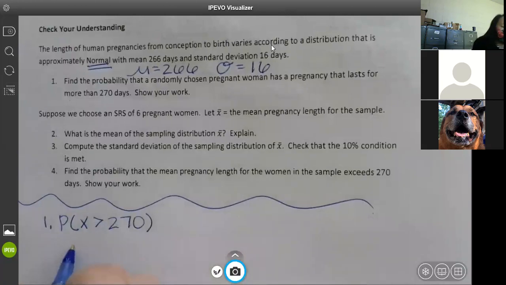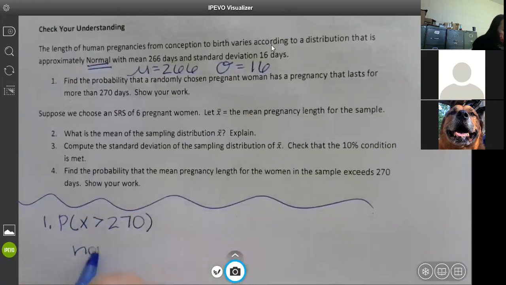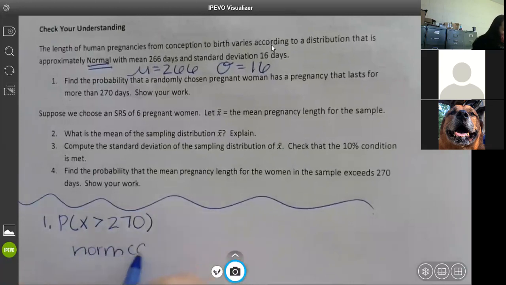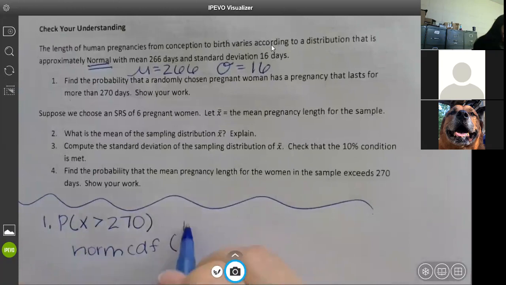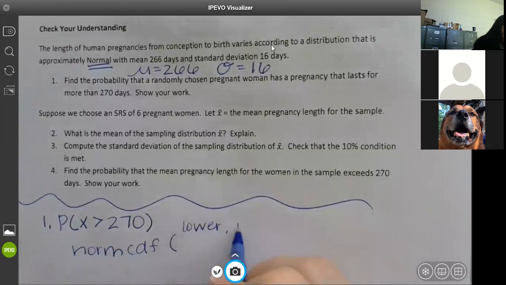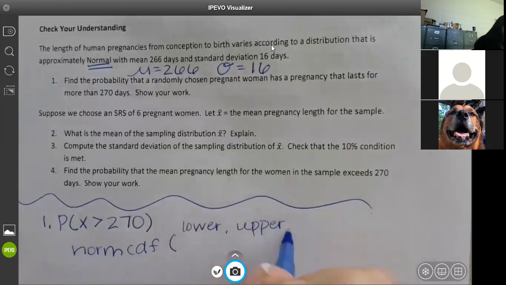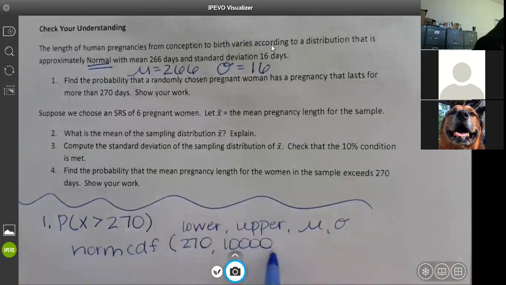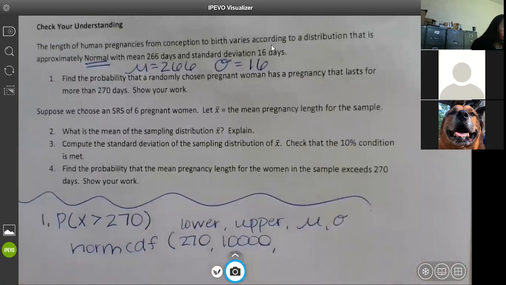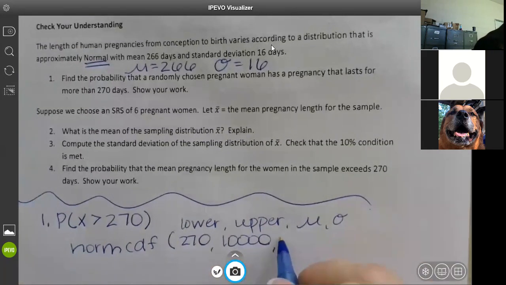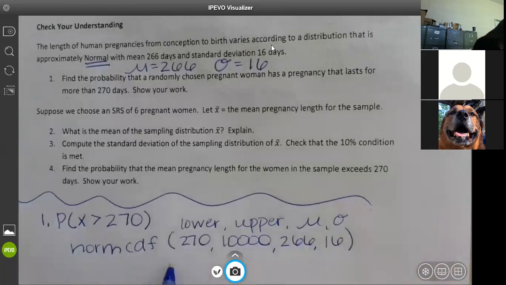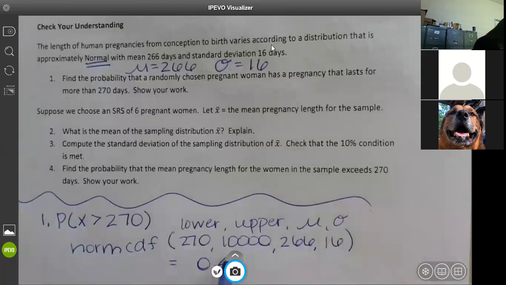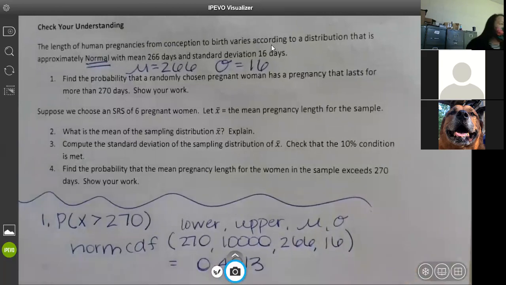It said it was normal, so we're going to use Normal CDF. What's your lower going to be? 270. What's your upper going to be? A really high number, 10,000 is what we usually choose. What's your mean? 266. Standard deviation, 16, which gives you 0.4013.